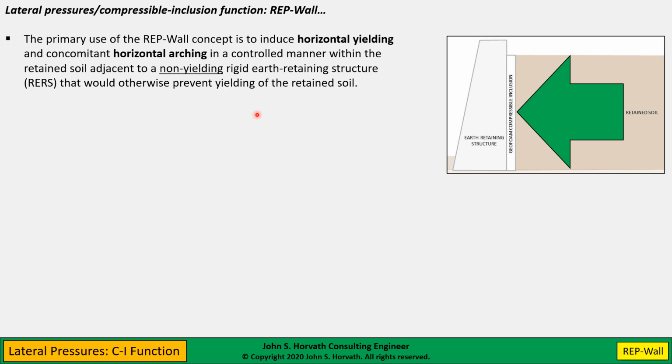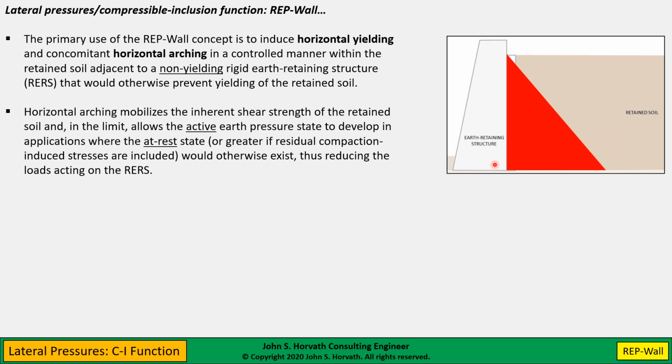Such structures would otherwise prevent yielding of the retained soil. So we're talking about earth retaining structures such as the basement wall of a building or a bridge abutment that is inherently not able to displace under earth pressure. So it should normally be designed for the at-rest earth pressure state.